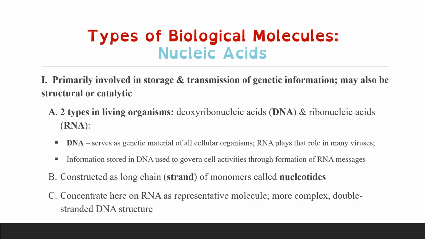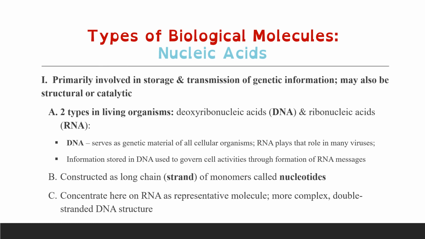So next we have the nucleic acids. These are primarily involved in the storage and transmission of genetic information and may also be structural or catalytic. There are two types in living organisms. We all know this one, which is the deoxyribonucleic acid or DNA, and the ribonucleic acid or RNA.